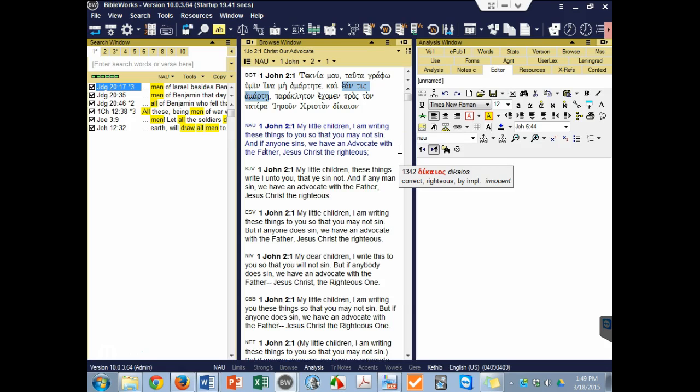Now, what's the likelihood that someone will sin? Fairly high. But that's not a function of the grammar. That's a function of our knowledge of human fallibility.